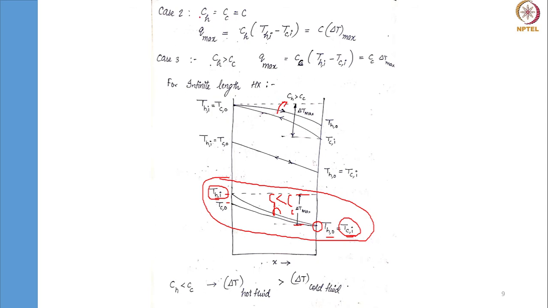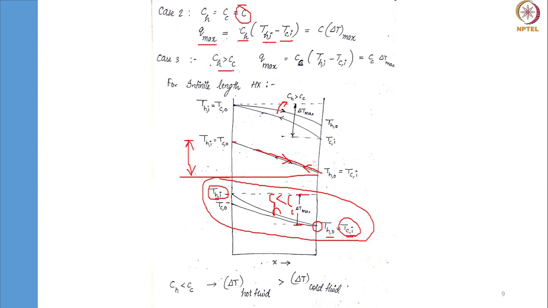So what happens when C_H equals C_C equals some constant, say C? We can write our expression as Q max of C_H into T_H,i minus T_C,i. When the heat exchanger is of infinite length, the temperature profiles of both hot and cold fluid overlap. So this is our hot fluid, this is our cold fluid. Obviously it can't happen, but because we are considering a heat exchanger of infinite length, this is how the temperature profiles look. So the delta T max between these two is these two points.